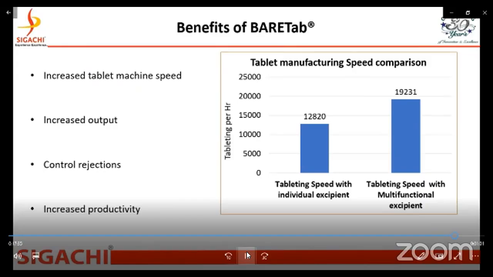Per hour with physical mixing, we compress 12,820 tablets, and comparatively with BHAPH, we compress 19,231 tablets per hour. That means approximately 5,000 more tablets compressed as compared to physical mixing.